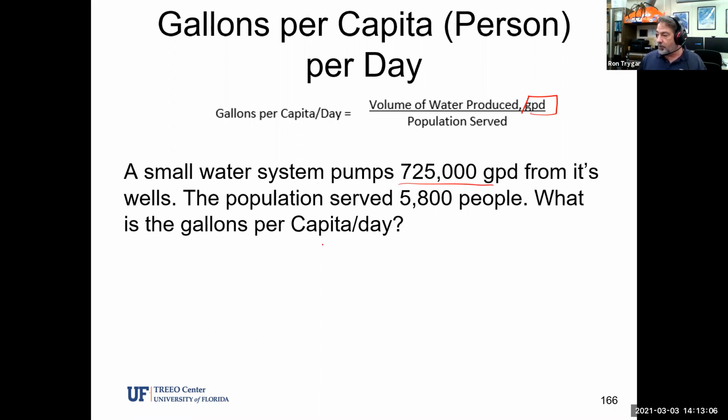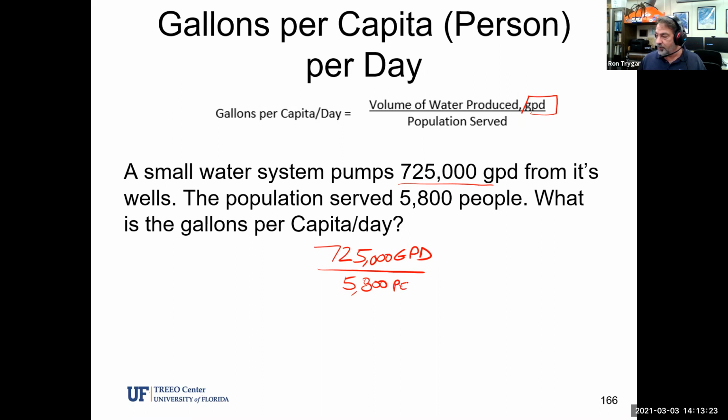So the volume of water produced is 725,000 gallons per day, and we're going to divide that by the population, which is 5,800 people.